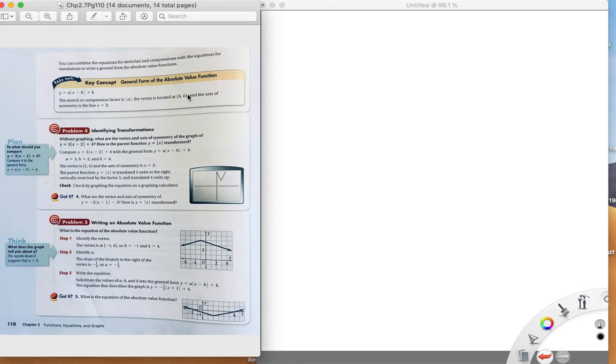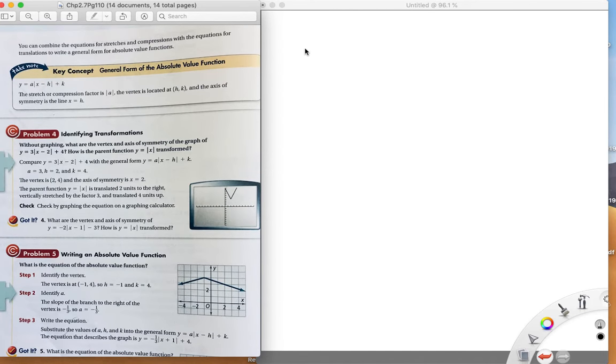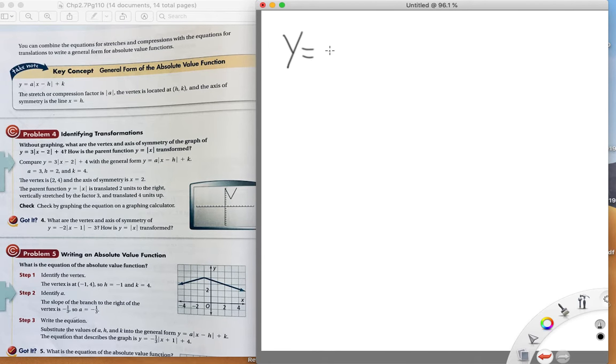So here's the general function form of the absolute value graph. It's going to be in the form y equals a times the absolute value of x minus h, plus k, where it's either stretched or compressed by the factor of a, right?